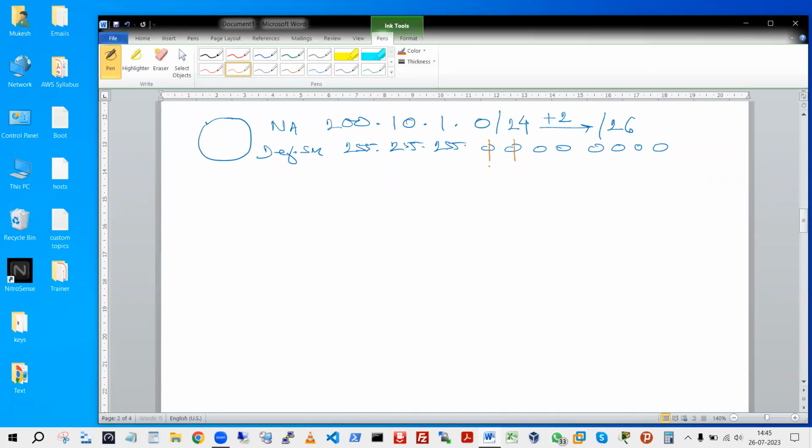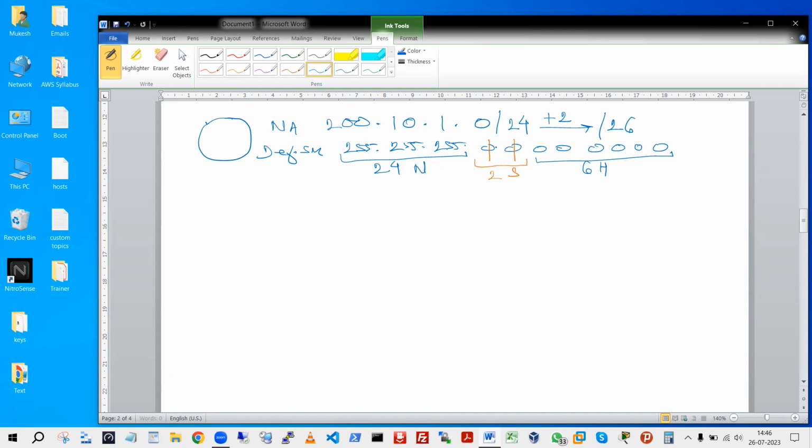These are subnet bits, 2 subnet bits, right? जो डिफॉल्ट वंस है यहाँ पर 3 times 255 मीनिंग 24 नेटवर्क बिट्स, और जो जीरोस हैं मीनिंग 6 host bits. This is the meaning of this mask. /26 means 24 network bits, 2 subnet bits, 6 host bits.